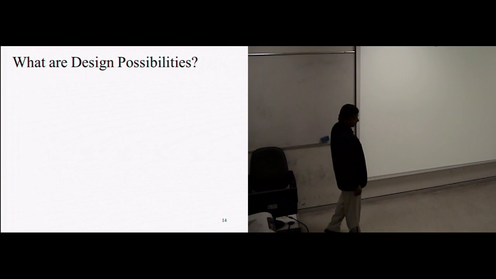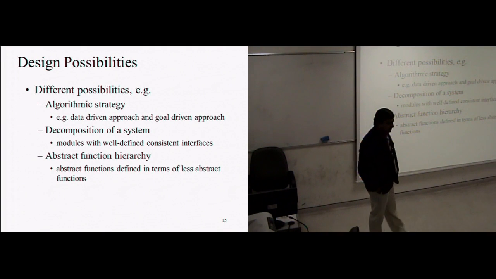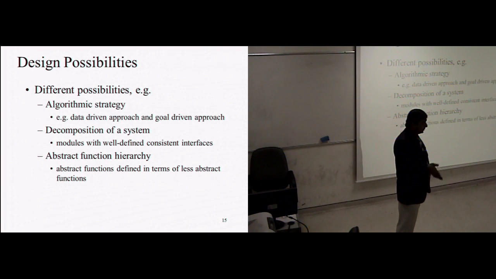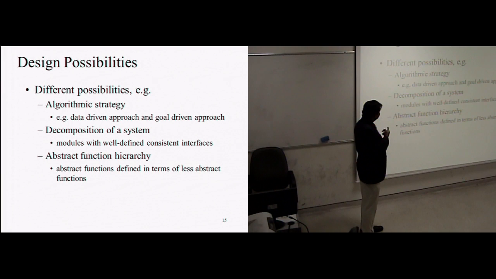What are the design possibilities? That is our next topic. We have different possibilities. In 251, we have a slide: what are the main design techniques, design possibilities? How many of you already took 251? You all took 251, because 251 is the prerequisite for 252. Clear. We have algorithm strategy, decomposition, and abstract function.